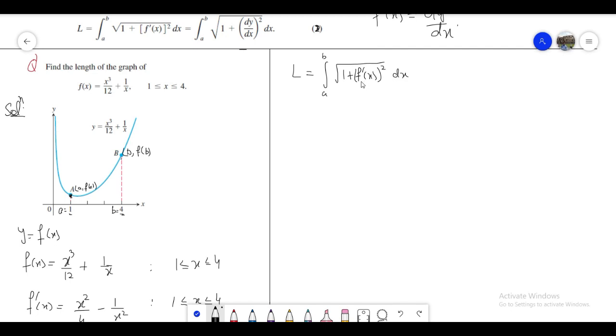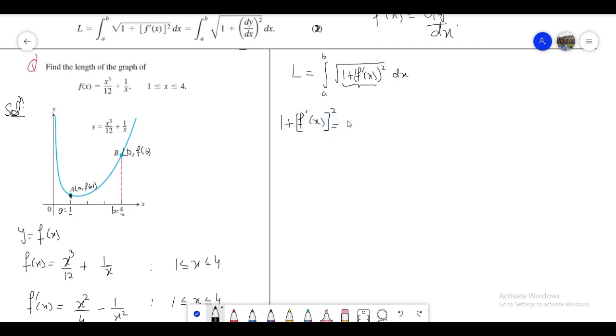We already computed the first derivative, which is this one, and let us first compute 1 plus f dash of x, whole squared.